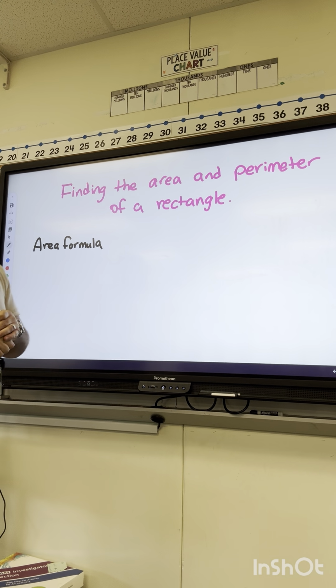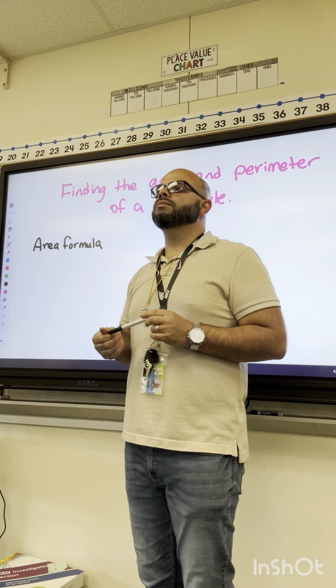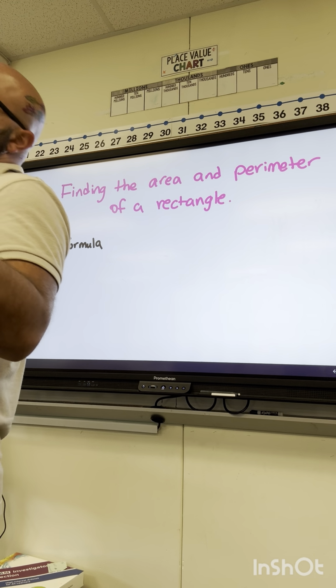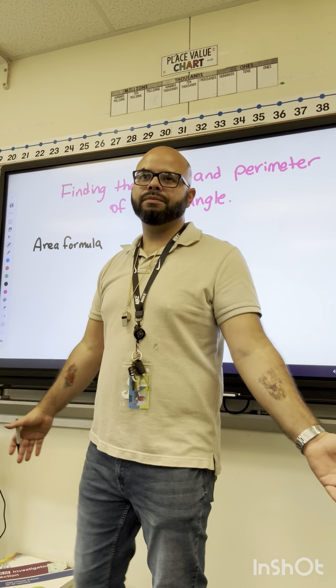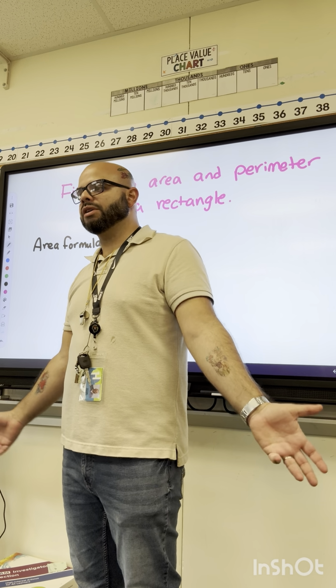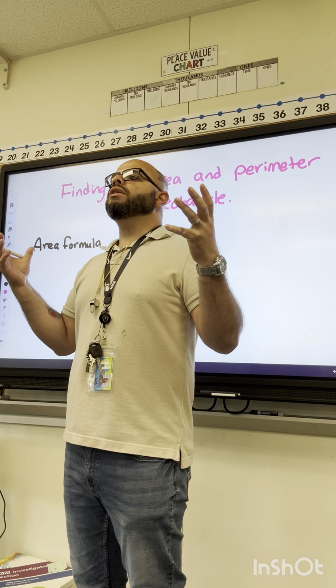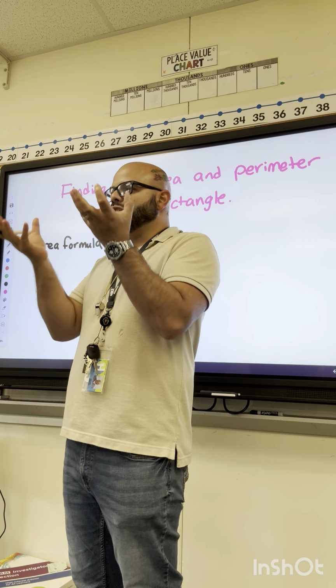Now I want you guys to think about a formula as being like a mold. Have you guys ever been to a supermarket and bought a dozen eggs, right? If you look at the egg carton, it has a shape to it.